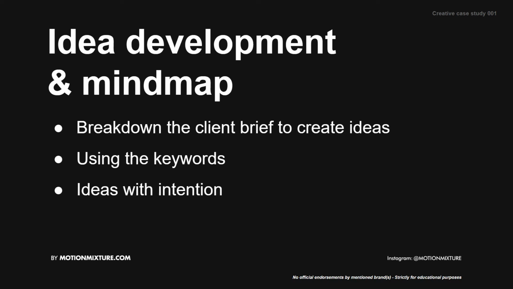So we can create with intention, so all the ideas, the keywords get utilized into an object or lighting or the mood, the style, anything like that. So we actually have something with meaning that makes sense from our client's point of view or from the audience that's going to actually see it, our target audience.